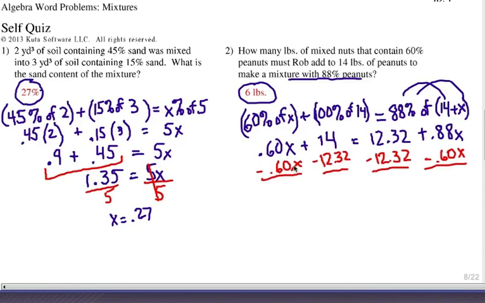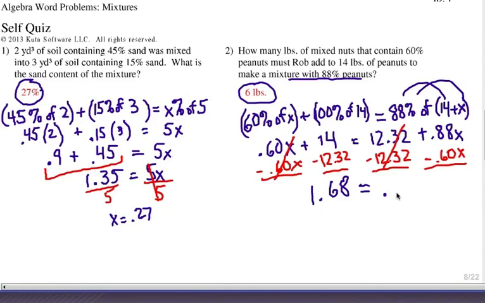I hope this makes sense. So I'm going to be trying to get the x's on one side and the constant term on the other. I noticed that I could subtract these 0.60x's over here. But let's go ahead and get rid of the 12.32 by subtracting on that side and subtracting on the left also. So here's our new equation.